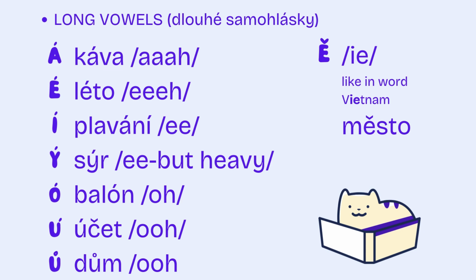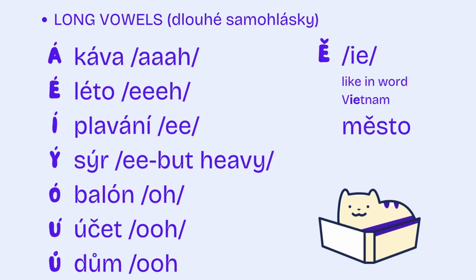I always tell my students that you can kind of imagine the word Vietnam, like the country. This sound, yeah, is kind of like the sound we're looking for. So as an example, in the word, město.